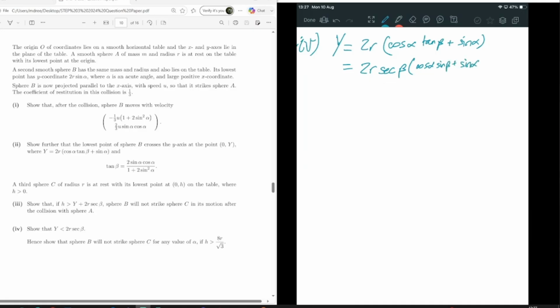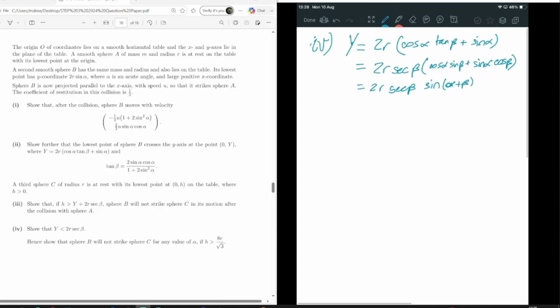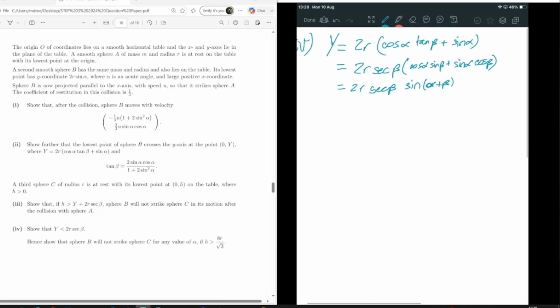Factoring out 1 over cos out of something basically puts a cos there, and you can check that by expanding the brackets out. So this thing is equal to 2r sec beta times what I cared about, and using our addition rules for trig, we get sine of alpha plus beta. And we know sine of alpha plus beta is always less than or equal to 1.